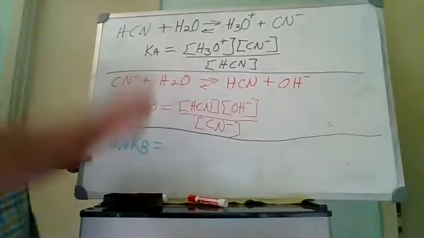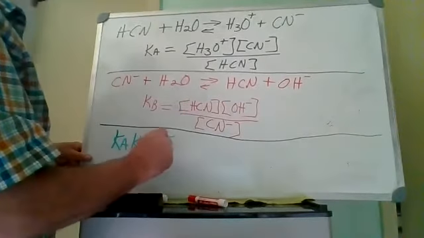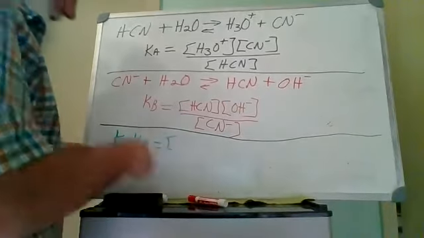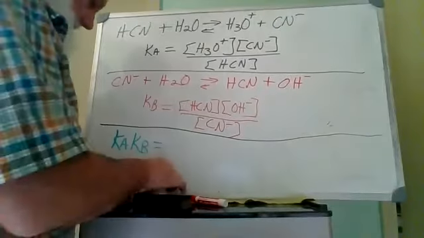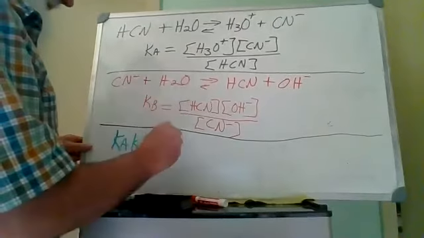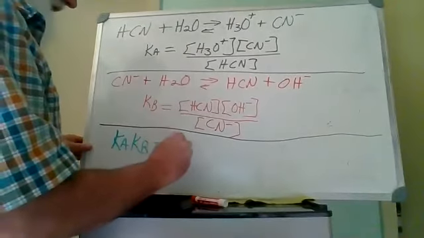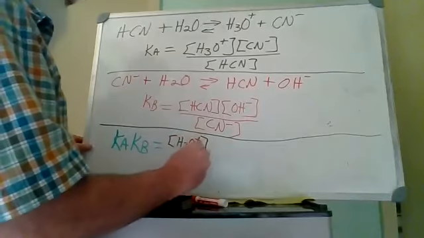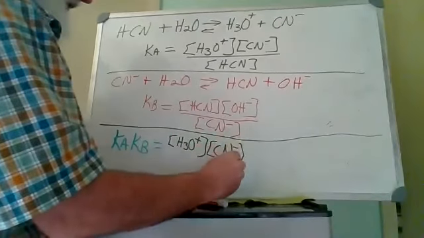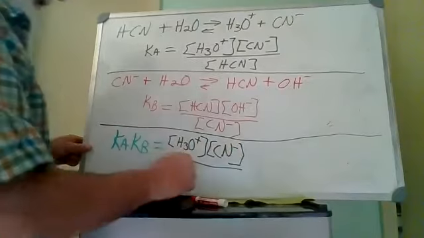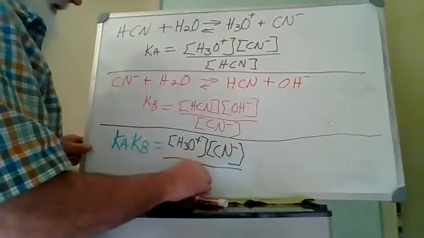Here, I'm going to put the Ka in black to make it stand out. So H3O plus times CN minus, divided by the free acid, HCN.